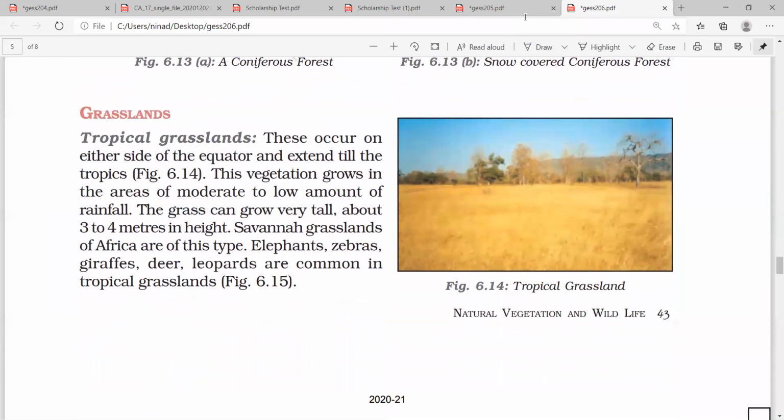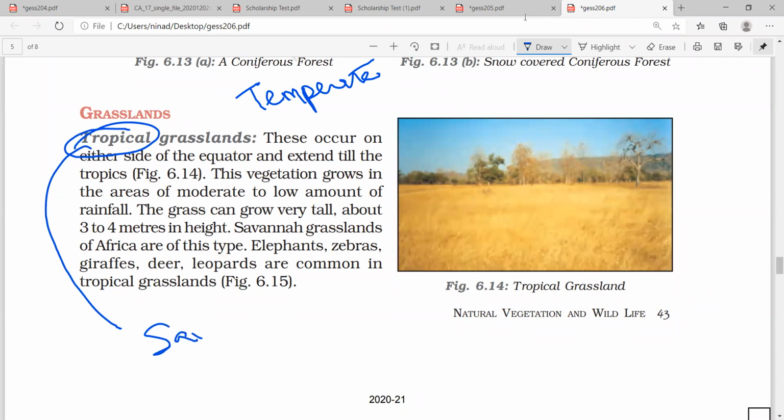Grassland can be divided into tropical grassland and temperate grassland. For tropical grassland we use the word savanna, mainly coming from the word Sudan, so it is a Sudan climate also. They can grow very tall.